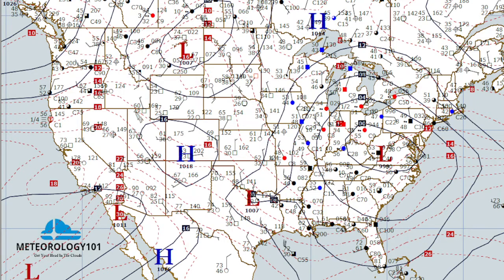But this thing's kind of, once it becomes occluded and it's mature, that cold front's hard to decipher, because typically your cold front's just going to drop right back down into Florida, where the leading edge of that cold air advection is. So you probably just put it right back down through there, instead of bringing it all the way over.